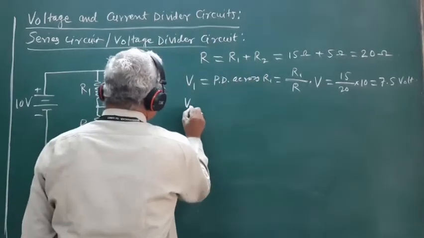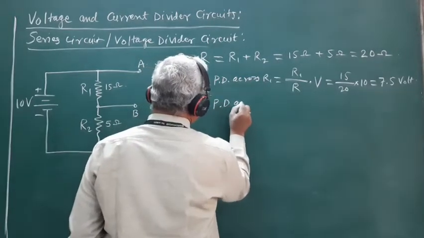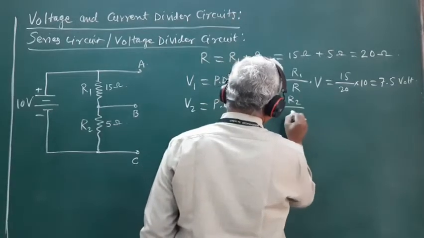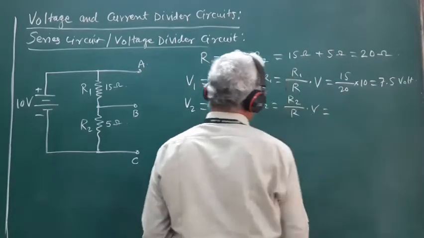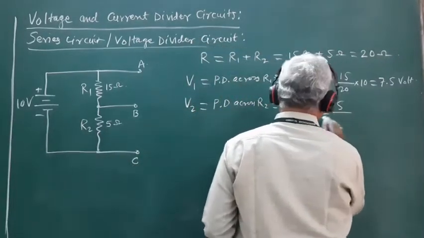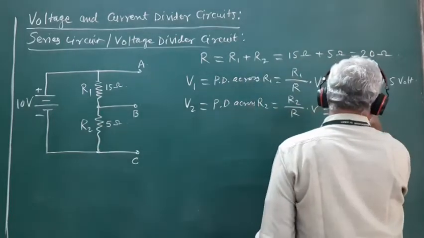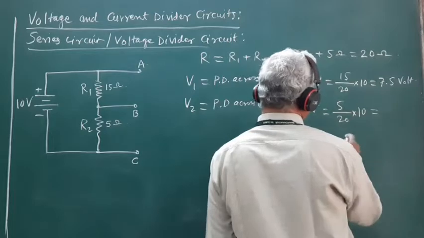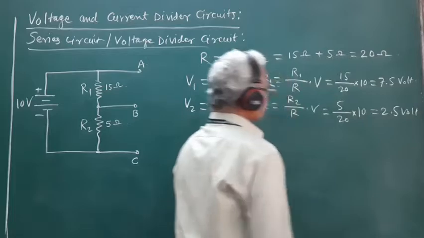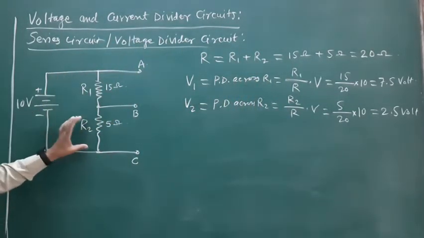Whereas the potential drop across R2 is equal to R2 upon R into V. So R2 is 5 ohm divided by R, which is 20 ohm, multiplied by the applied voltage of 10 volt. This is equal to 2.5 volt. So we have obtained the potential drops across R1 and R2.